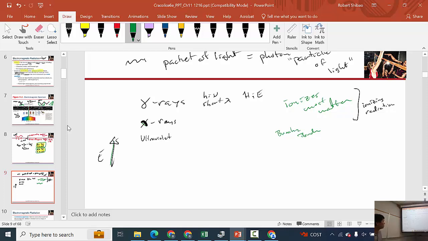And then a little lower in energy than ultraviolet, we have violet light. Violet typically doesn't break bonds. It could. Have you heard of blue blocker glasses?